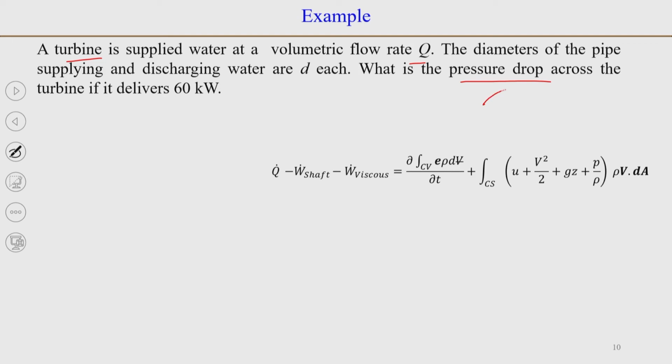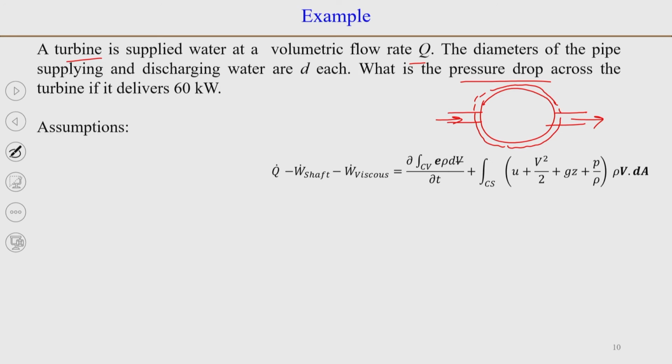So, let us draw that. If you have a turbine, the flow is coming in and flow goes out from here. So, we can take our control volume. Now, we write the general equation for energy conservation for this control volume and try to see what each term will be.